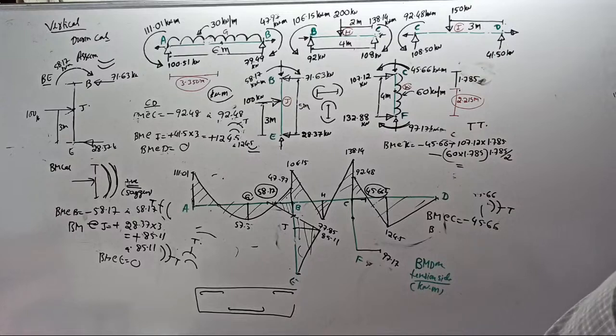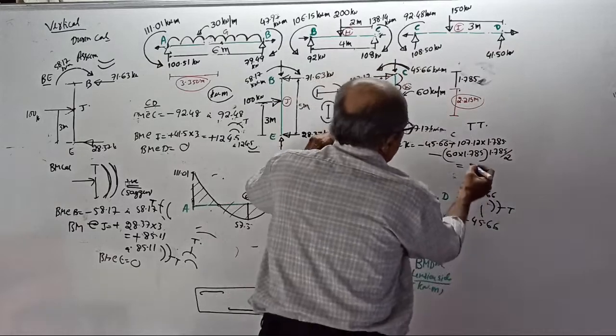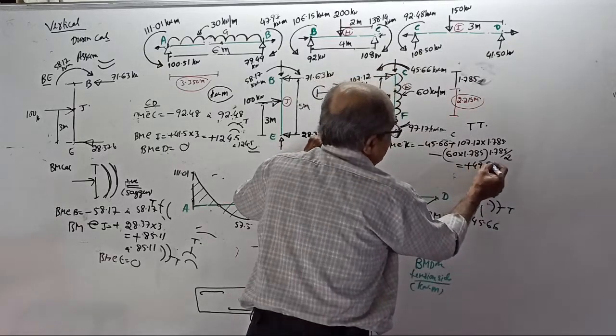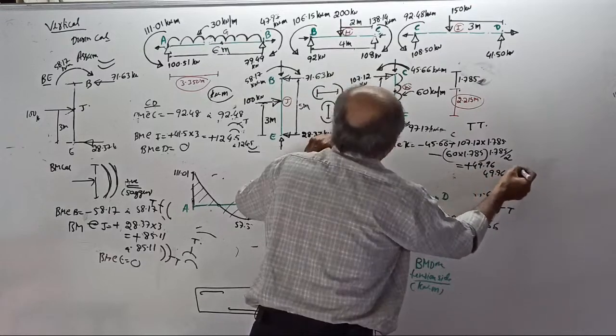If you tell the answer, then I will draw for those people who want superimposing principle. Answer. Plus 49.96. Okay, it is plus 49.96. That means 49.96 sagging.